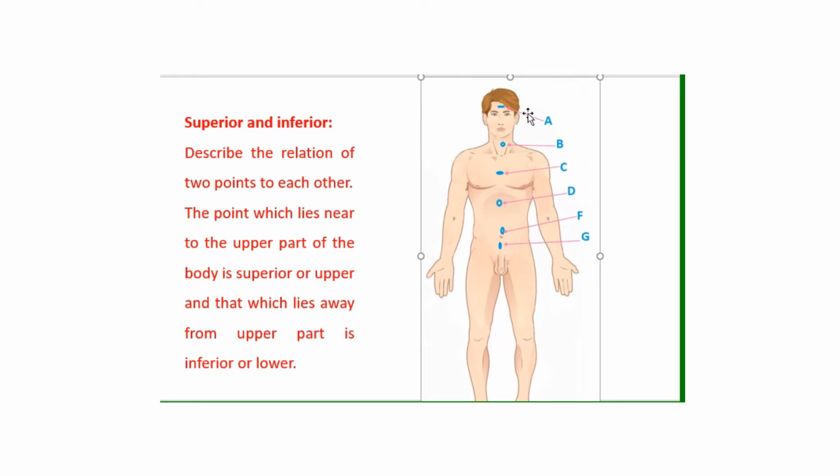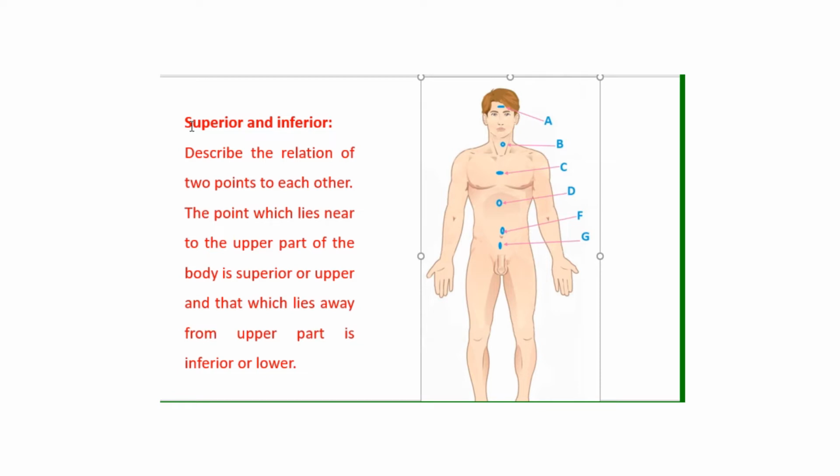In the anatomical position, point A is superior to point B. Point B is superior to C. Then superior and inferior is a term used to describe the relation of two points, or more than two points, to each other.